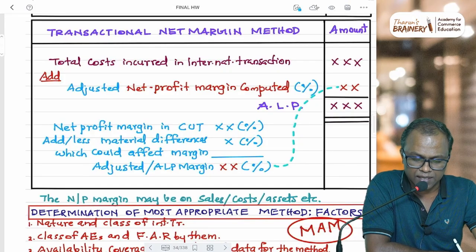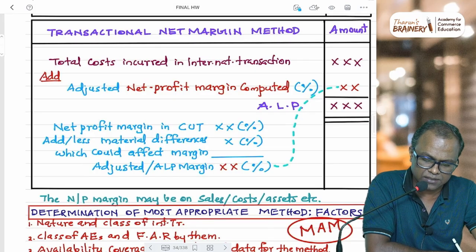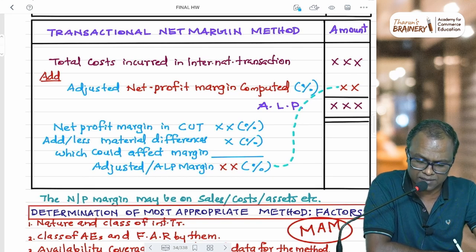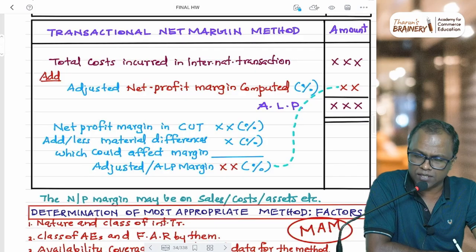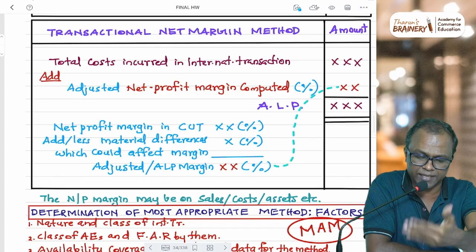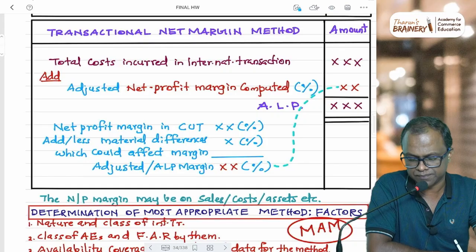Then add the adjusted net profit margin. From where will we take the net profit margin? From a similar, comparable uncontrolled transaction with an unrelated party in uncontrolled conditions. What is the net profit margin in that transaction? That should be taken, adding or subtracting material differences which would affect the net profit margin. We get the adjusted net profit margin. This adjusted net profit margin should be added to the actual total cost. We will get the arm's length sales to be billed.